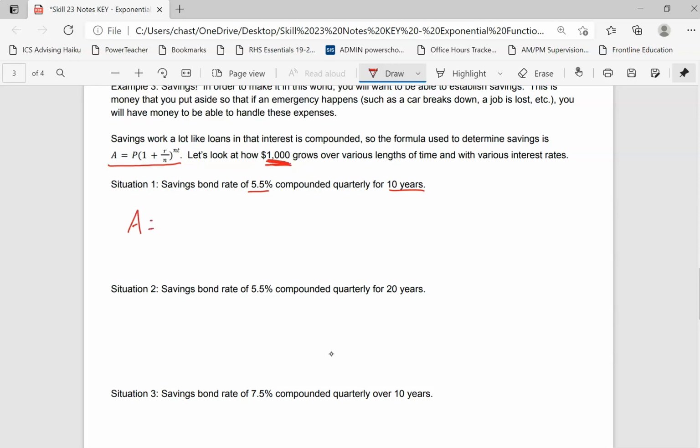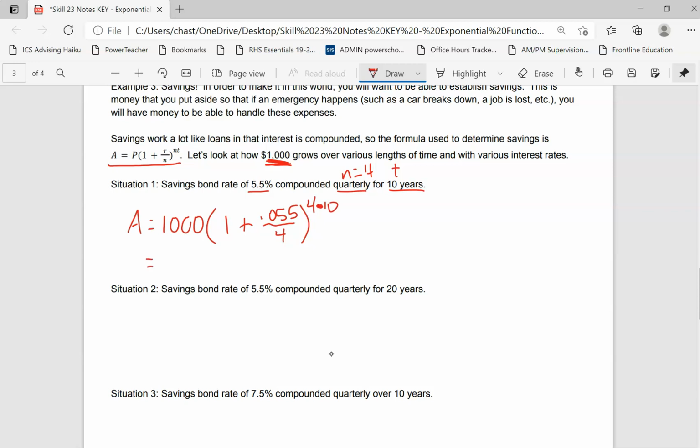So A equals 1,000 times 1 plus, my rate is 5.5%, so 0.055, compounding quarterly, so N equals 4, to the power of 4 times RT, which is 10. Okay?